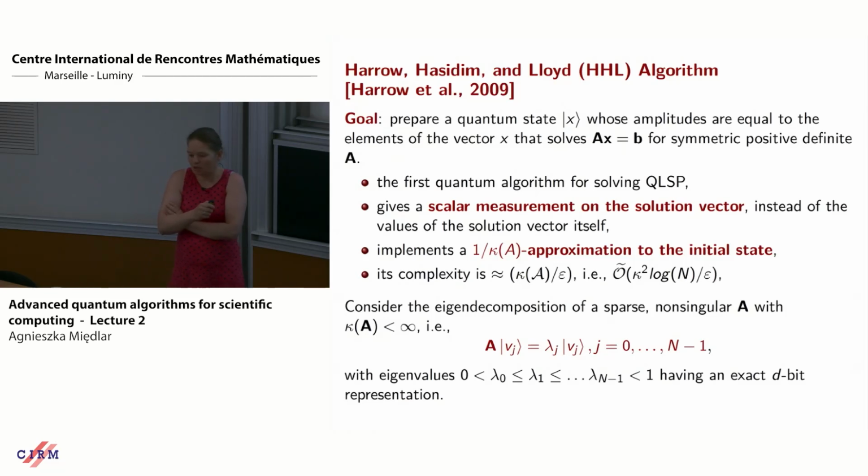So the HHL algorithm is the first quantum algorithm for solving the quantum linear system problem. It gives, as I told you, the scalar measurements on the solution vector, not exactly the solution vector in the classical way. It implements a 1 over kappa(A) approximation to the initial state. So kappa(A), it's not a surprise that we see the condition number of A here.